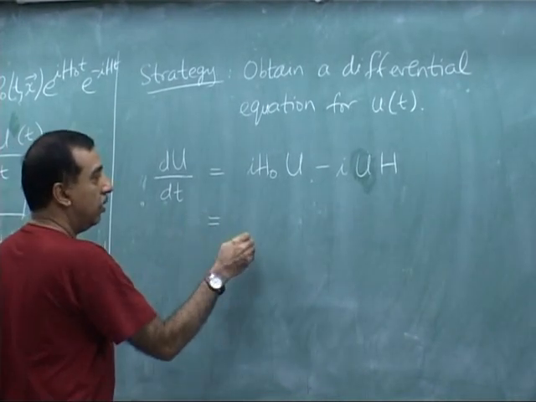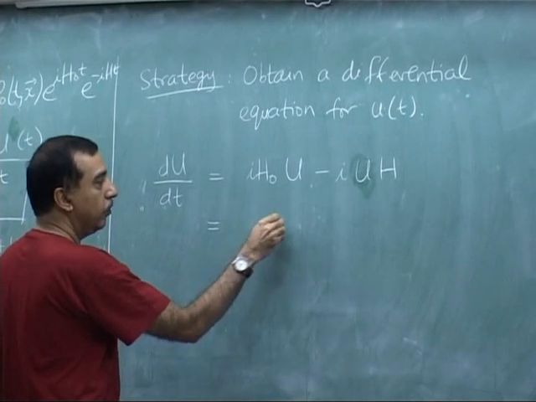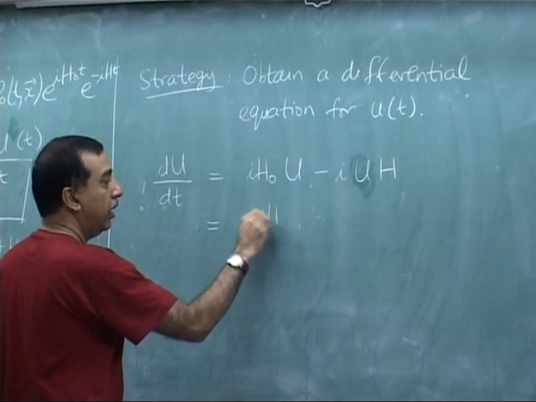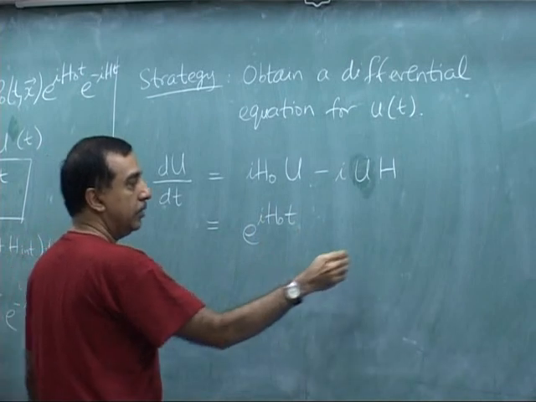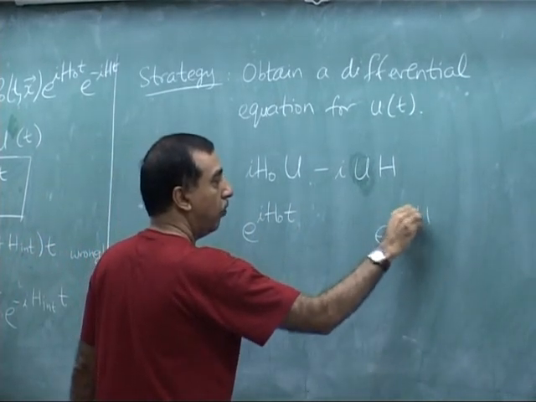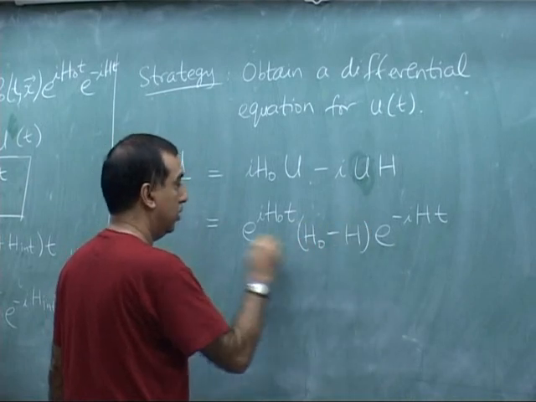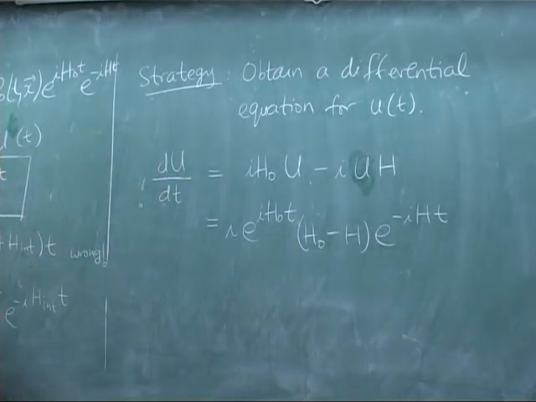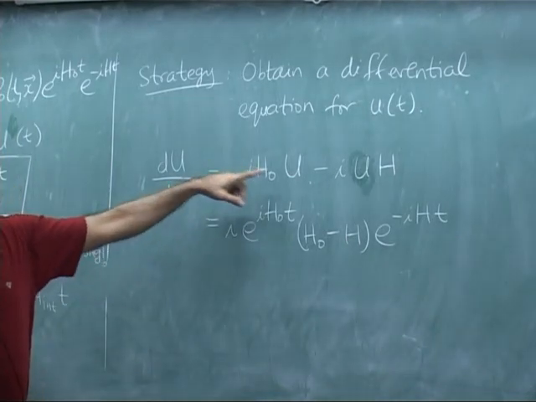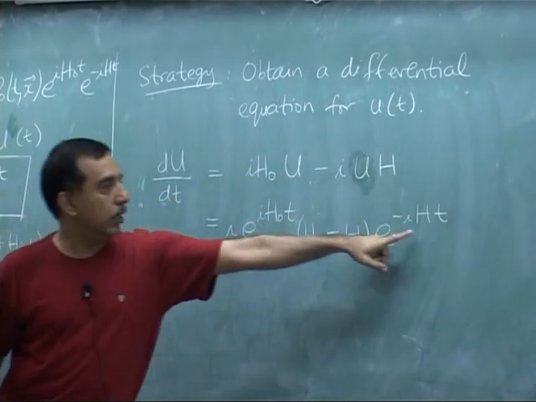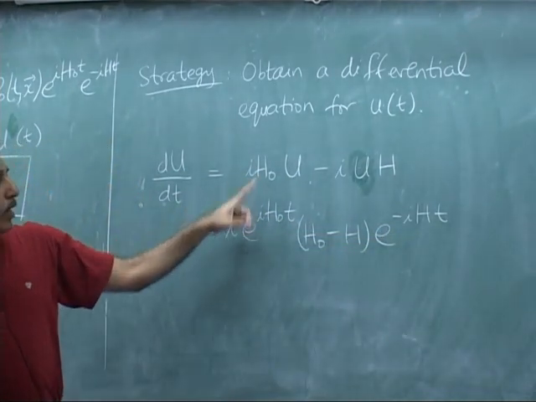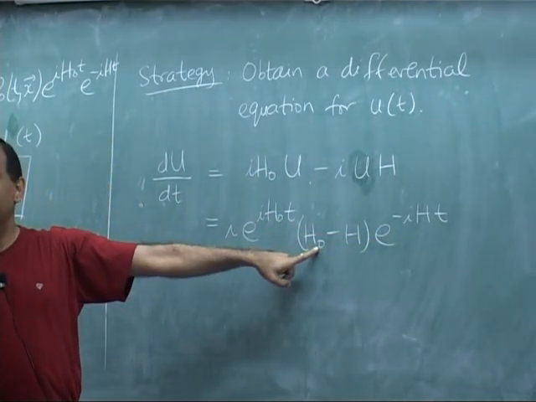So this I can write most conveniently as follows. Since U is e to the IH naught t times e to the minus I H t, I can separate it into its two parts and put H naught minus H in the middle. This I am allowed to do. What did I do? I took U, which is the product of these two things. H naught can go through the first term on the right side.